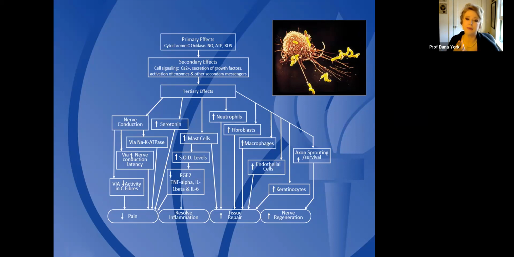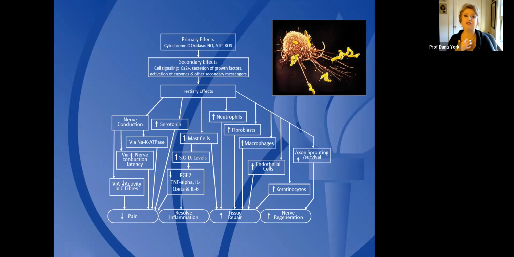So in the cell, it's opening the sodium, potassium pumps and oxygen pumps of the cell to cause this serotonin circulation and nerve conduction, and that leads to the soldiers of the body, interleukin 1, interleukin 6, tumor necrosis factor, to get activated.